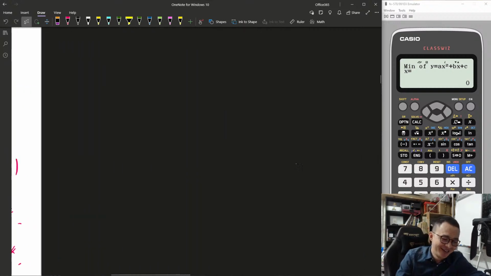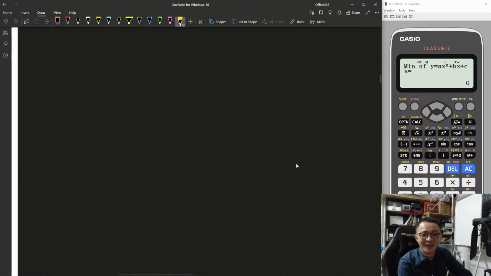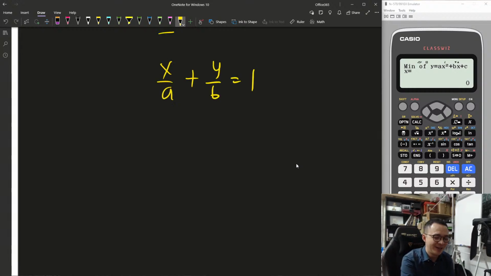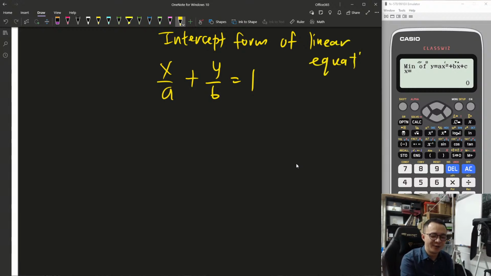Good questions. Yeah, some students ask about what Polga asked. x over a plus y over b equals 1. This is the intercept form of linear equation. In short, a is the x-intercept and b will be the y-intercept.